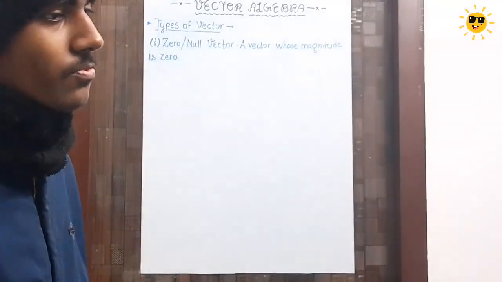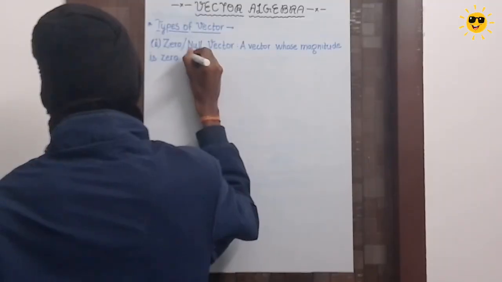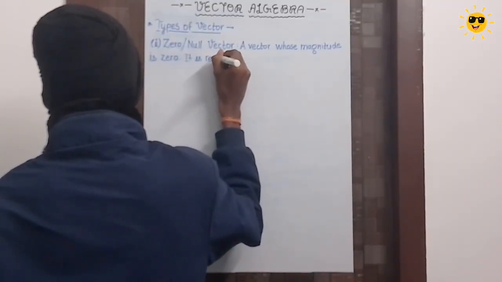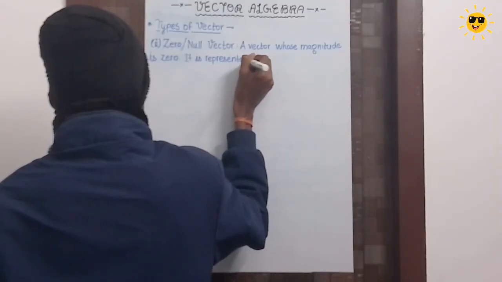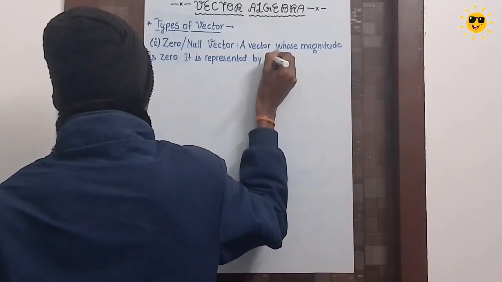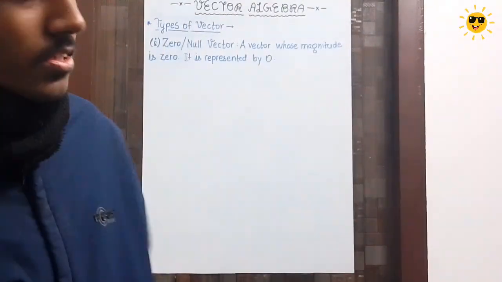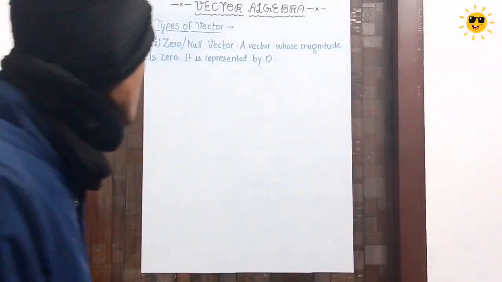So simply we have to represent it by just writing 0, because 0 already means nothing. To represent nothing, we have 0. That's it. Zero or null vector, whatever you want to say, a vector whose magnitude is 0. Thus it's a zero vector.